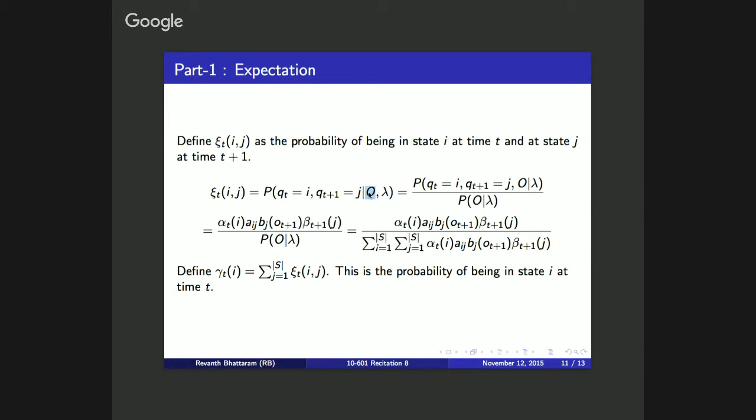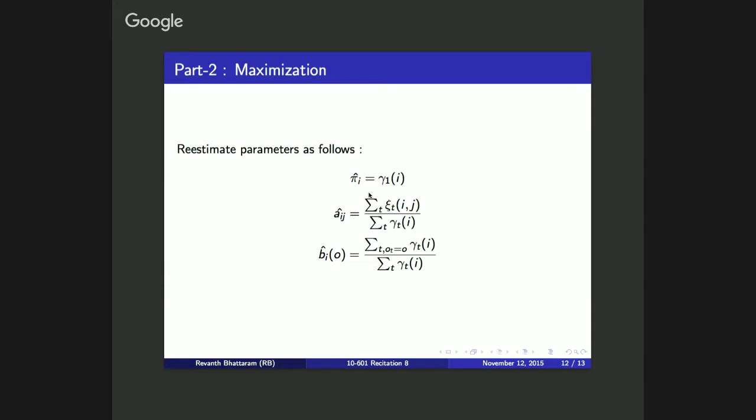When we have a data set, we would have several observation sequences, so we would be looking at all sequences and all time steps where my observation was O and my current state was I. Then we divide it by all the times my current state was I, which is represented by the gamma variable over here.